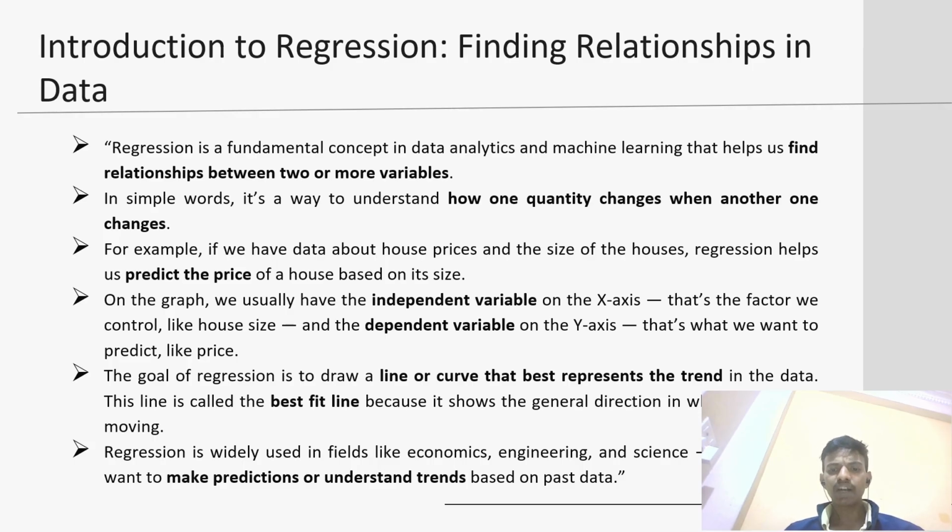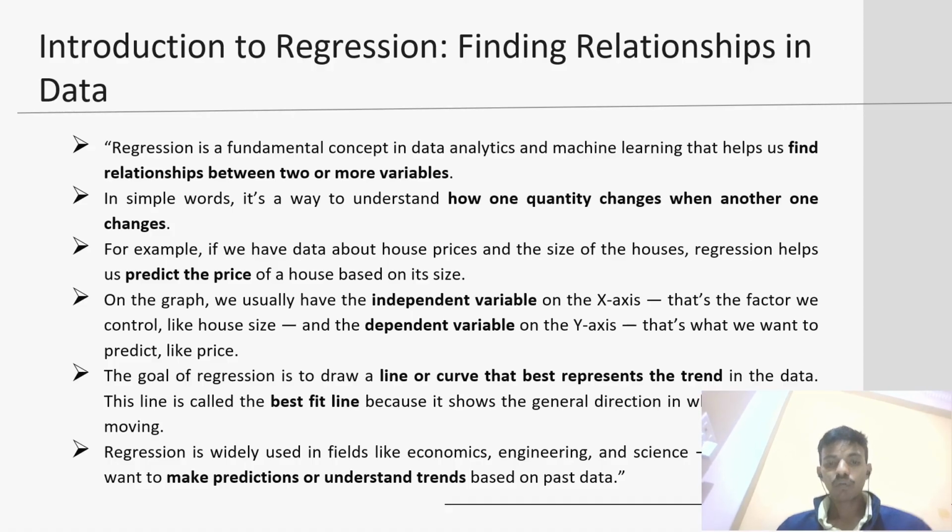The independent variable, like house size, is plotted on the x-axis, and it depends upon variables such as the price, that's the y-axis. So what we see here is a dependency upon the variable. The goal of regression is to find the line or the curve that represents the trend of the data, the best fit line. It's widely used in many fields like economics, engineering, and science.